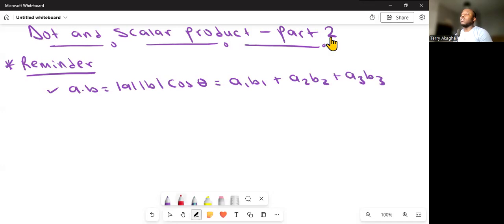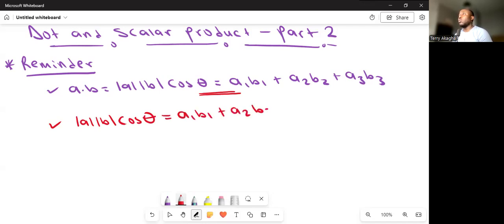Then I also told you that because all are equal, we can equate these two together. So that will give us magnitude of A, magnitude of B cos theta is equal to A1 B1 plus A2 B2 plus A3 B3. And also, I told you that from this, you can get the third formula by making theta the subject of the formula. We've discussed this in the previous video.